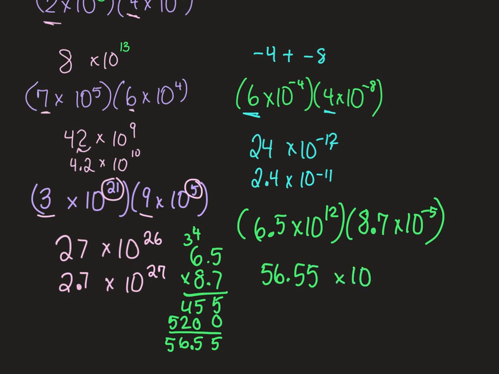Well, I've got a 12 plus a negative 5. That makes 7. Oh no, this isn't correct. I can't have 2 digits before the dot. So I adjust it down to 5.655. Since I went down 1 spot, I go up 1 spot.